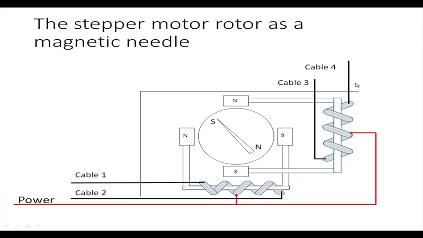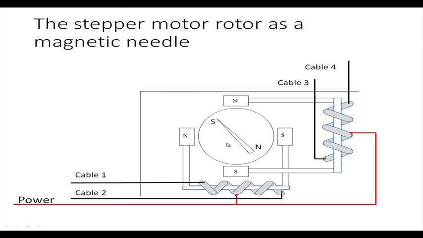Cable 3 and cable 4 are connected to the ends of a coil wound around an electromagnet. This is a complete horseshoe magnet, and there is yet another magnet shown on this side. So, basically there are two horseshoe electromagnets making up the stator poles.